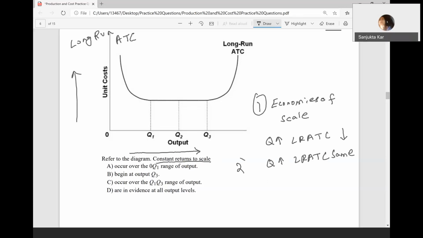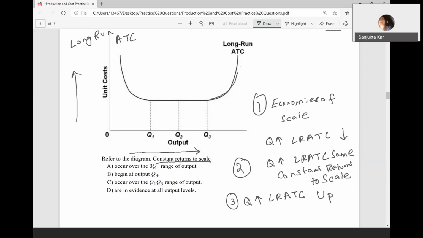This one is called constant returns to scale, where the long run average total cost is the same. Number 3, we are going to see the output increases, and the long run average total cost of production goes up, like this part.